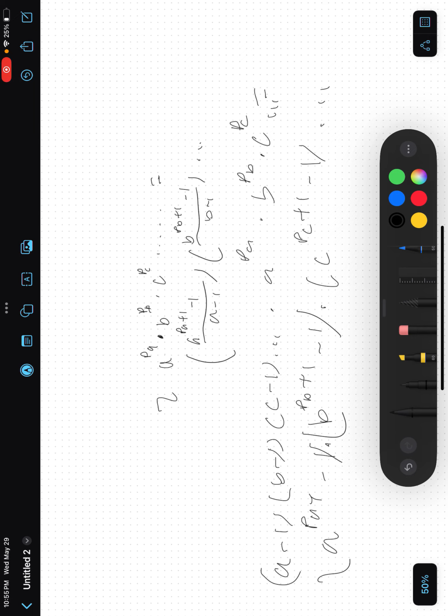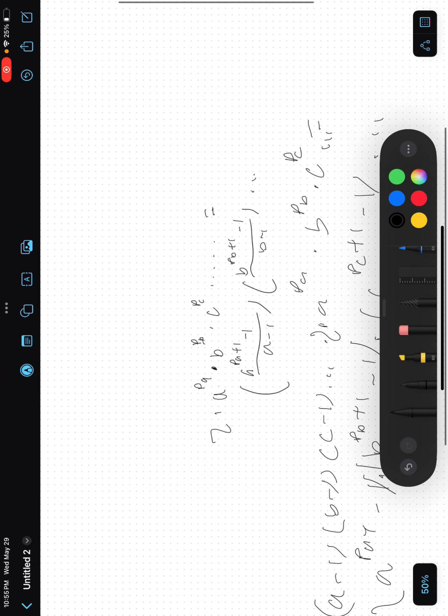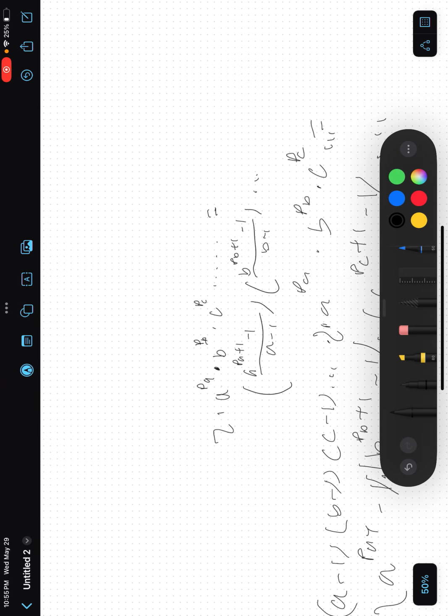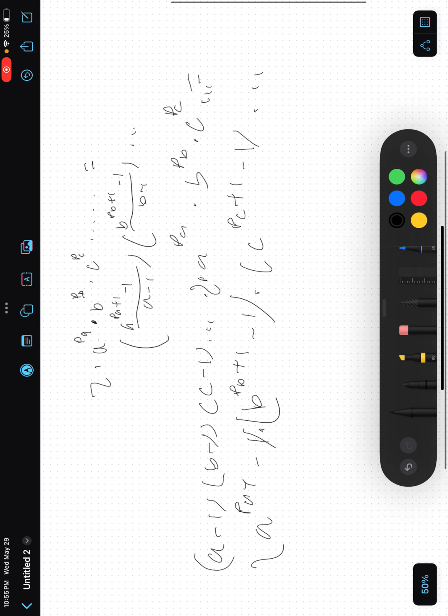Oh yeah, I forgot, that's actually 2 times that, because when you add up every factor, you also include the number itself, so we've got to include a 2 in there.